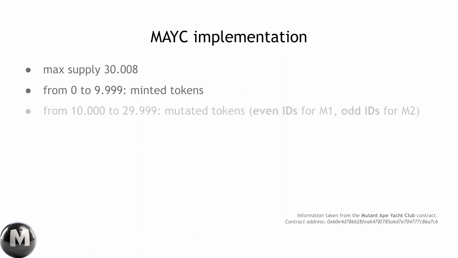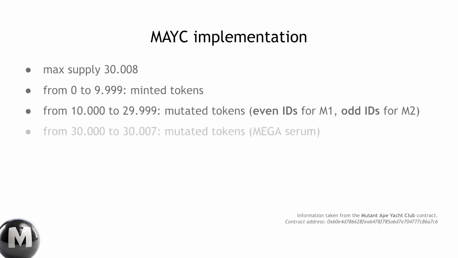The next 20k are actually divided in two batches. Even IDs are for Bayc mutated with the M1 serum, and odd IDs are for Bayc mutated with the M2 serum. The last 8 Mayc are the apes created using the Mega serum.